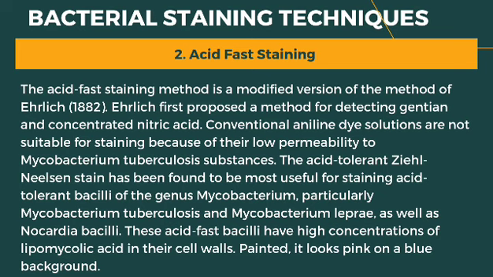The acid-fast Ziehl-Neelsen stain has been found to be most useful for staining acid-fast bacilli of the genus Mycobacterium, particularly Mycobacterium tuberculosis and Mycobacterium leprae, as well as Nocardia bacilli. These acid-fast bacilli have a high concentration of mycolic acid in the cell wall. When stained, they look pink or blue on the background.